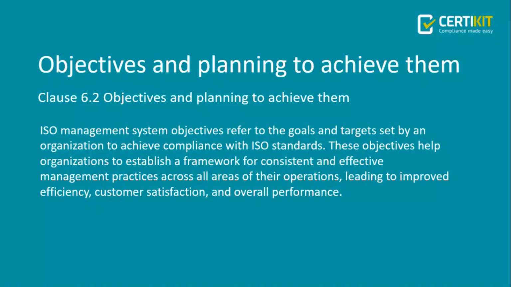The objectives help you to establish a framework for consistent, effective management across all areas of your operation. Actually, it's all areas of your operations within the scope of your management system, which leads, as I said, to improved efficiency, customer satisfaction, better health and safety management, better environment management, better information security, effectively the overall management system and the organization. So looking at your objectives, you've got to think carefully about your objectives.